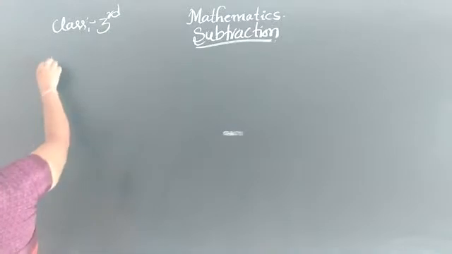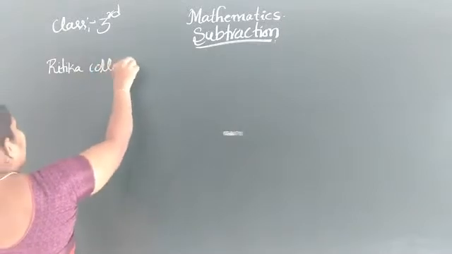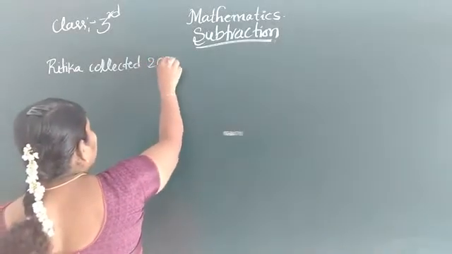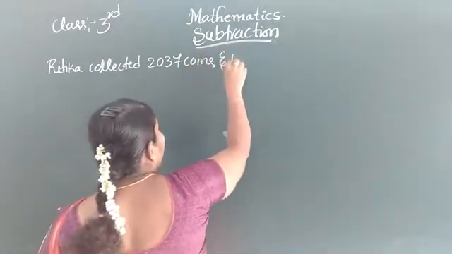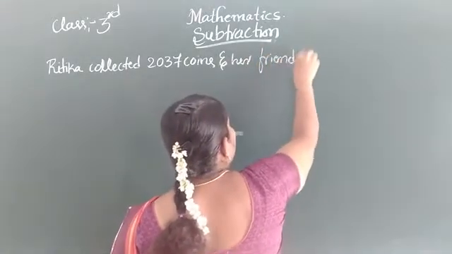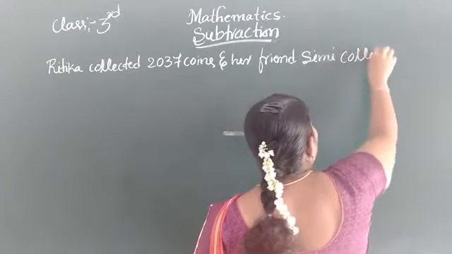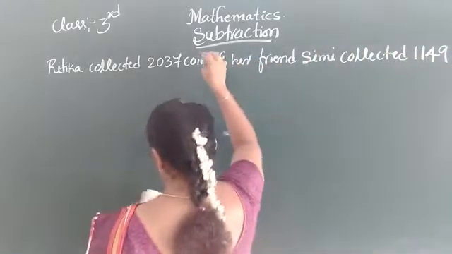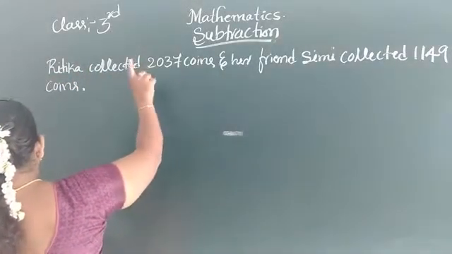Ritika collected 2037 coins, and her friend Simi collected 1149 coins.